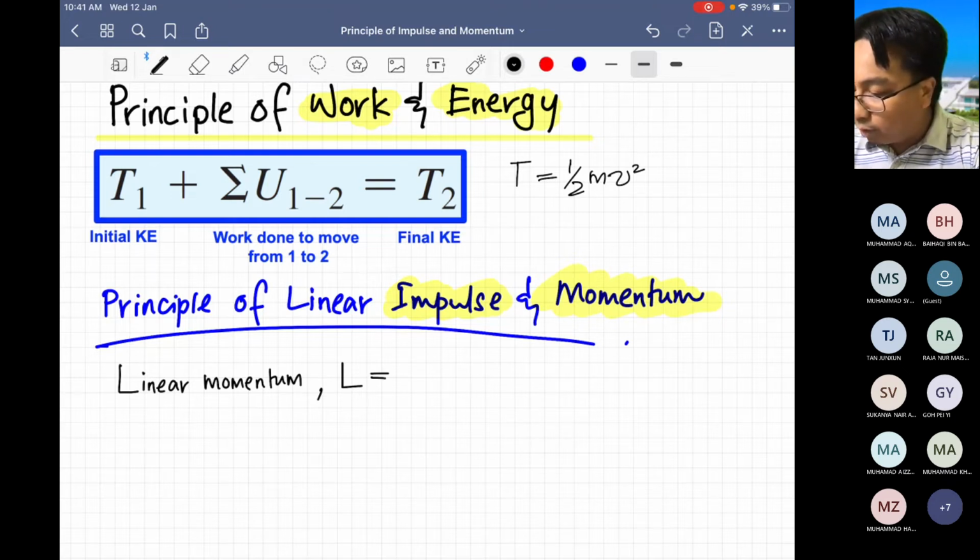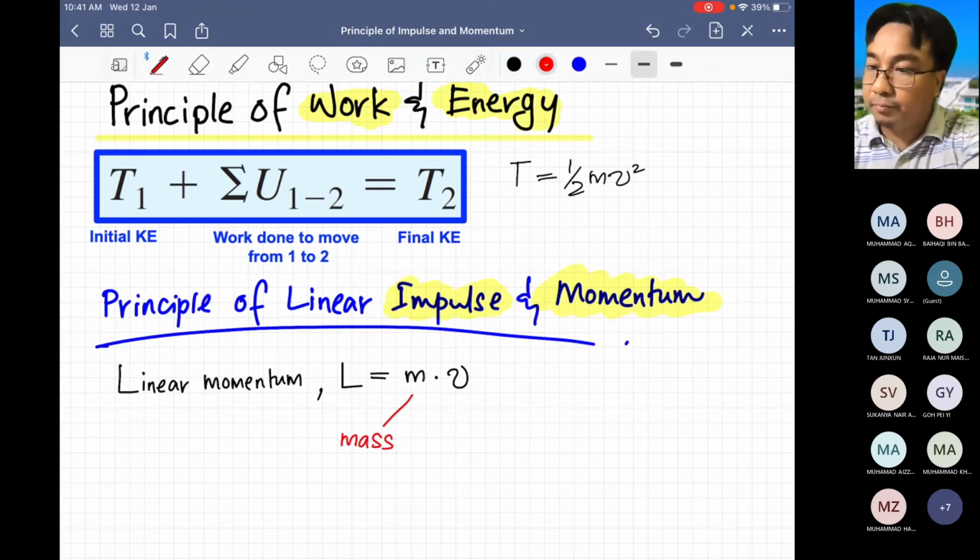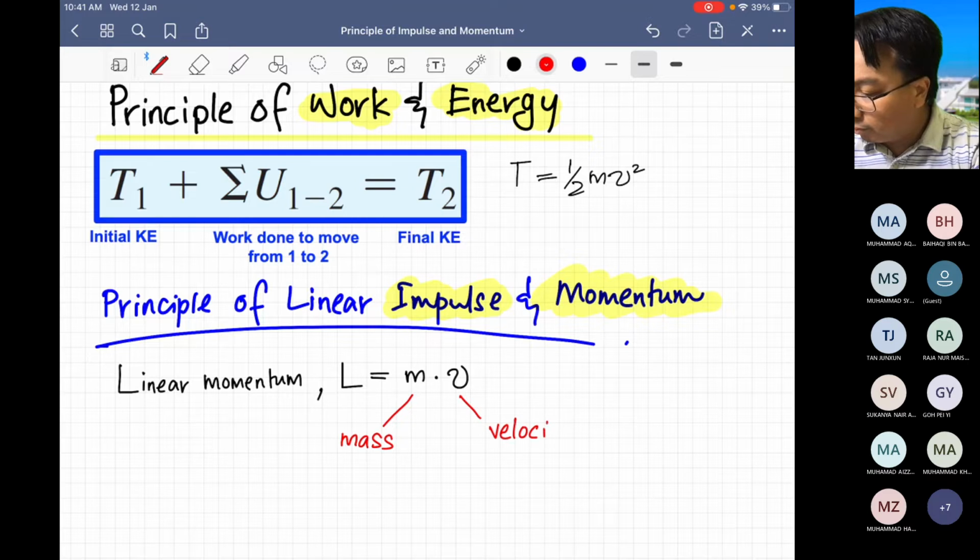It is basically equal to M times V. M is the mass, and V is the velocity, and L here is the linear momentum.